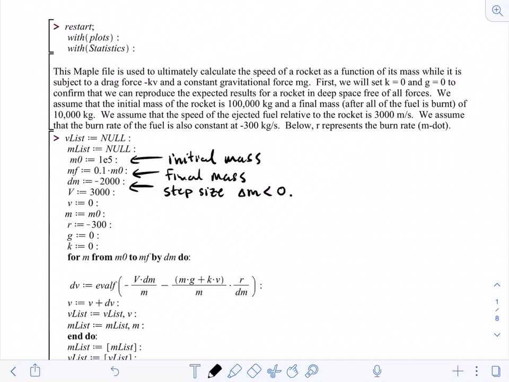This is the speed of the ejected exhaust as measured by an observer on the rocket. Here we're starting from rest.